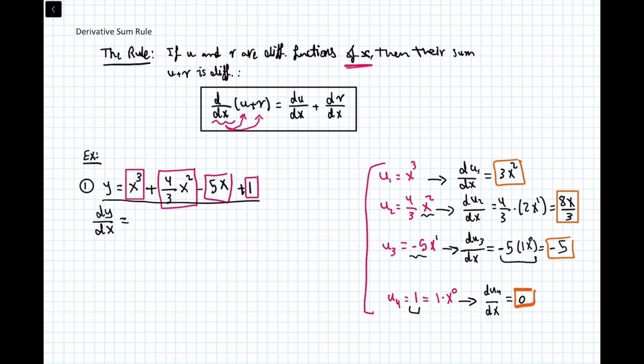So this is equal to 3x squared plus 8x over 3 plus minus 5 plus 0. So this is basically 3x squared plus 8 over 3 x minus 5. And that's it.